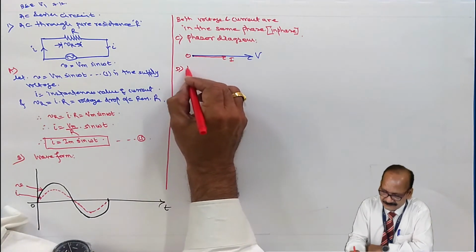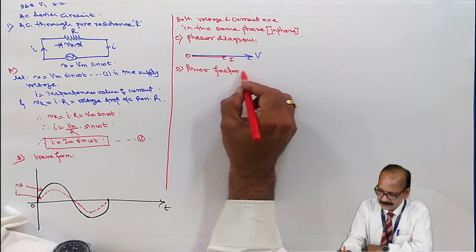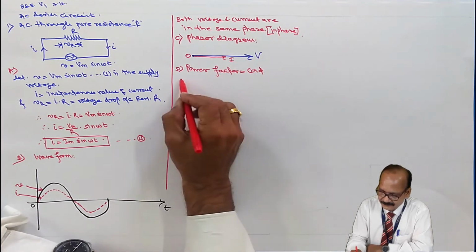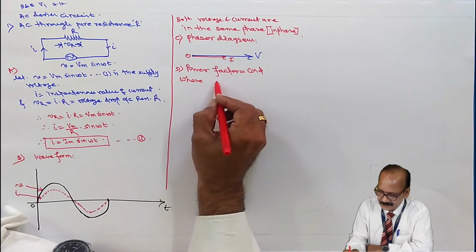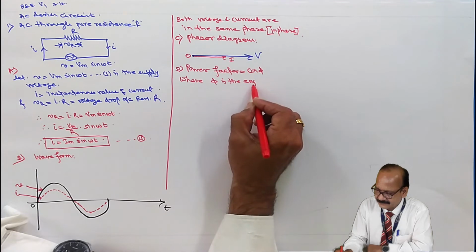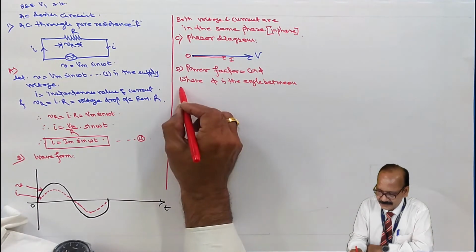D, power factor equal to cos phi, where phi is the angle between voltage and current.